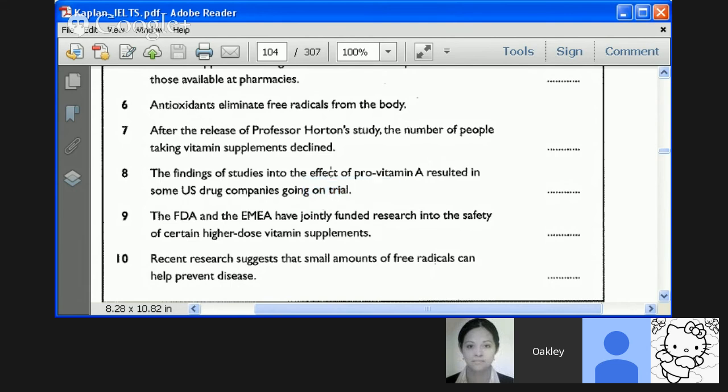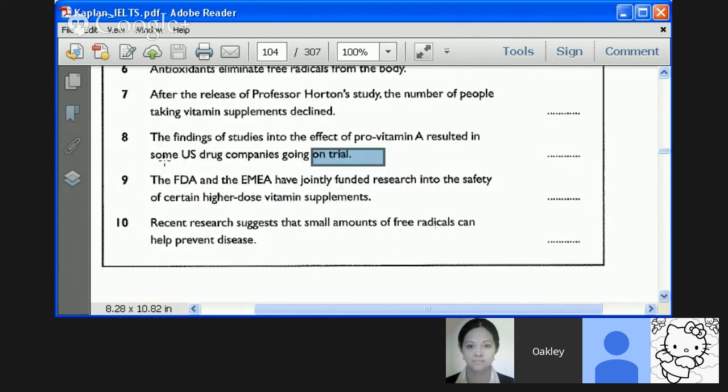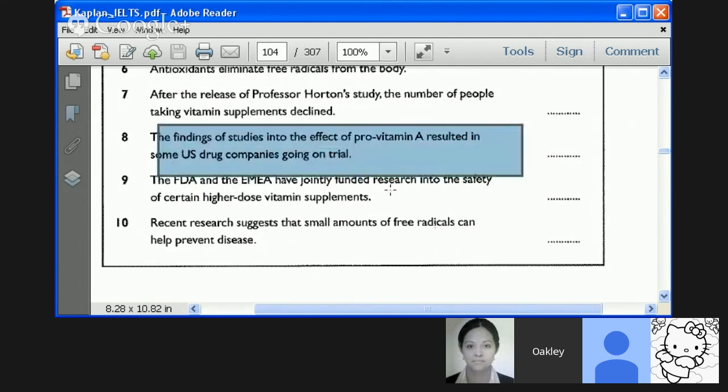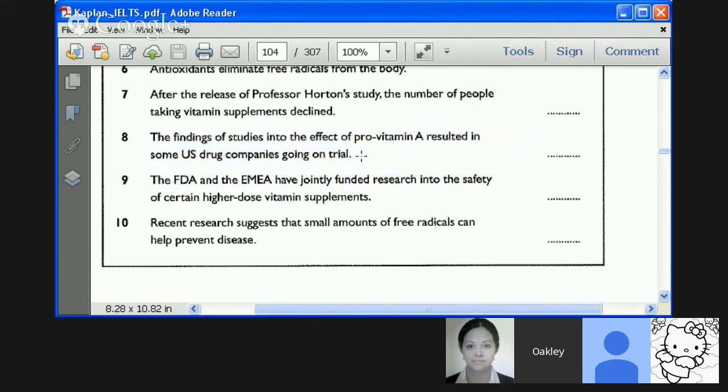So be very careful. The word is there. So if you're in a hurry and you see the words together, vitamin A, U.S. drug companies, trial, they're all together, must be true. Well, then you're wrong. Actually, it's not given. We don't know. We have no idea because it doesn't mention court or courtrooms whatsoever.